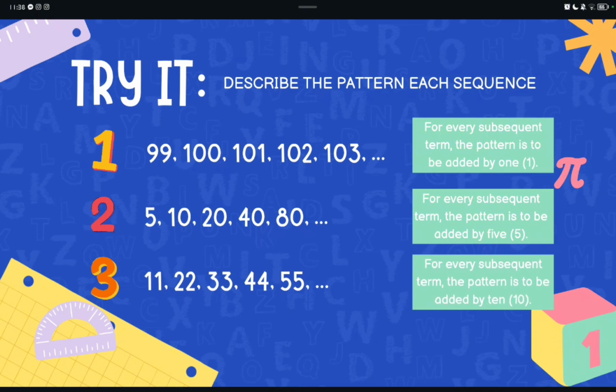For every subsequent term, the pattern is to add 11. I mean, 11 plus 11 is equal to 22, then plus 11 is equal to 33, plus 11 is 44.